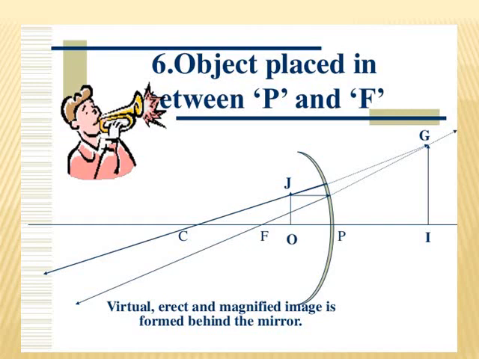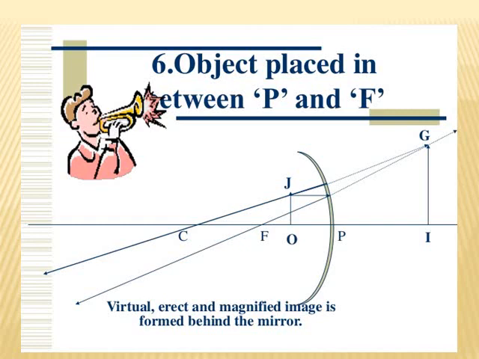So this is a very important diagram, and it is often asked in the board examination. As usual, first draw the mirror, then draw the principal axis, fix the points P, F and C in such a way that F is at the center.